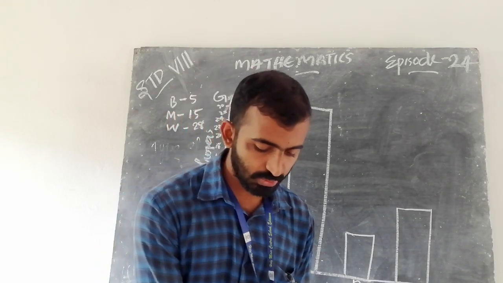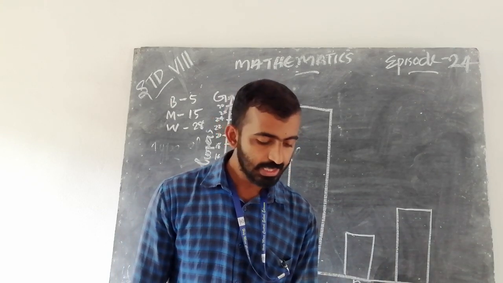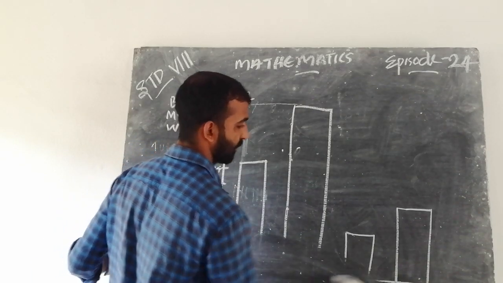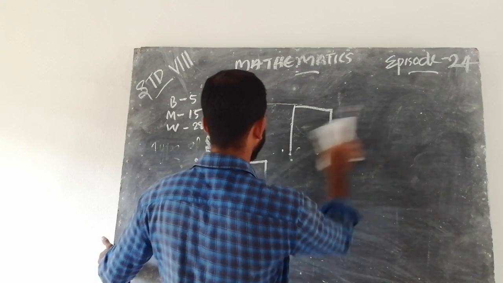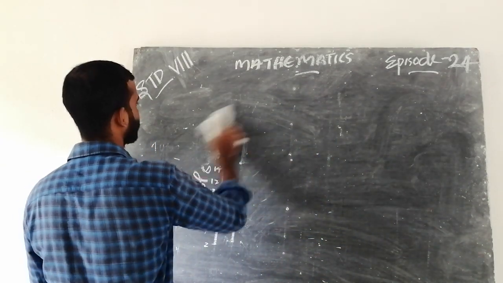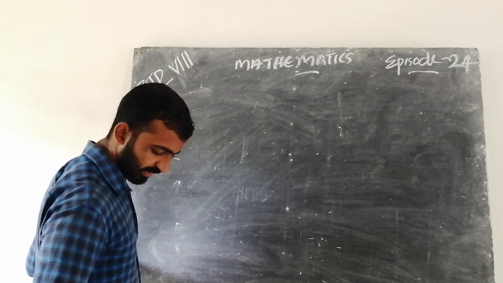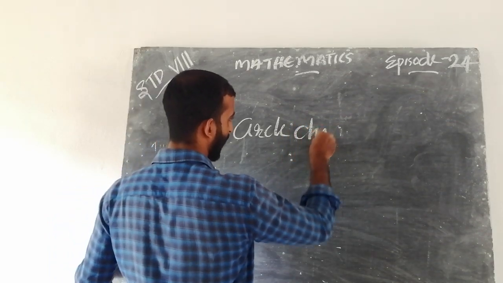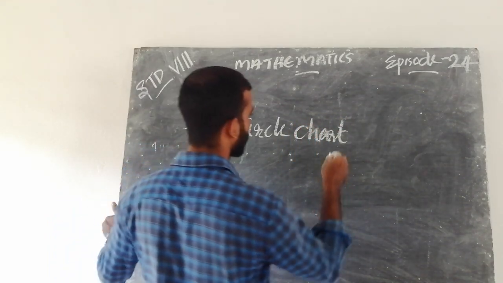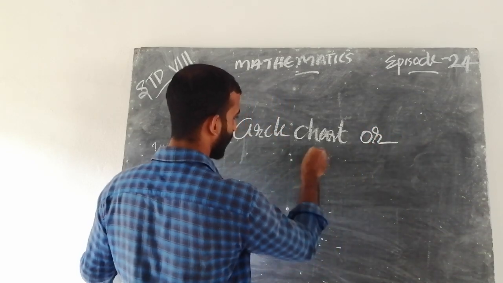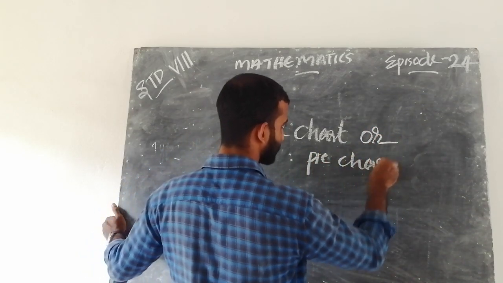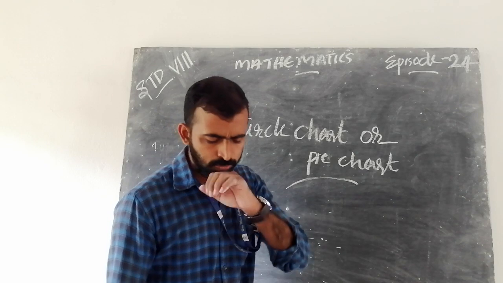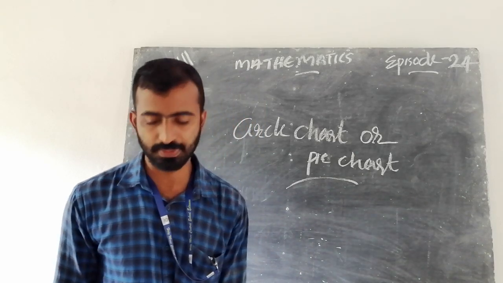And next, we are going to discuss about a circle graph or pie chart. Circle graph or pie chart means that is in circle shape.